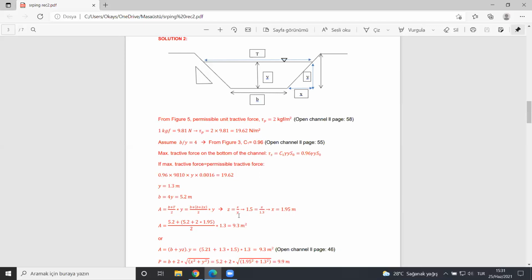It was 1.3, so 1.5 is equal to x divided by 1.3, and from here x is equal to 1.95 meters. I put everything into the cross-sectional equation: B was 5.2, so area is equal to B plus b plus 2 times x, divided by 2, and multiplied by y. At the end, we find the area as 9.3 meters square.